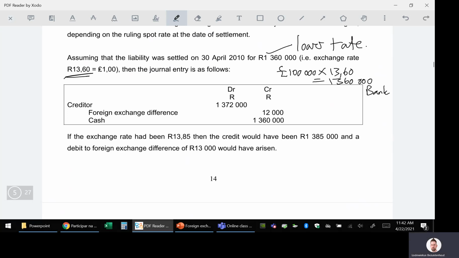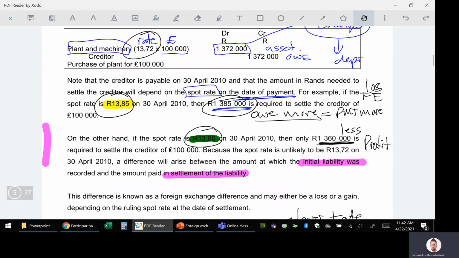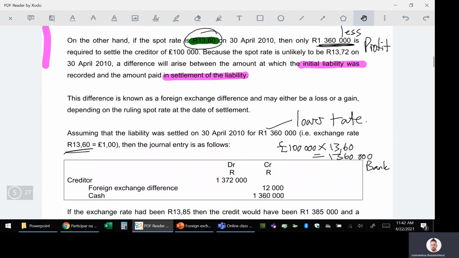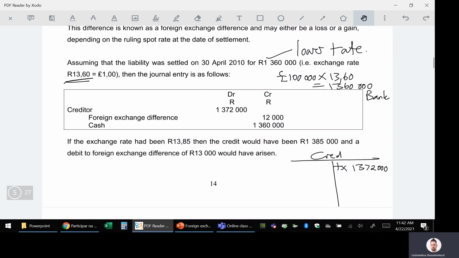So if we credit the bank with 1360, our creditor should be 0 now, because in the creditor, on the transaction date, we had 1372 as a credit to the creditor. If you go to the first journal, we credit the creditor with 1372. So if we make a payment now and the creditor is settled, what should be the balance on the creditor? The balance after the payment should be 0. How do we get our creditor to be 0?